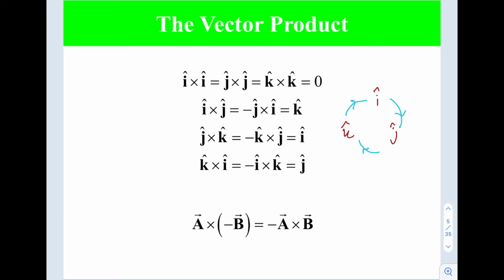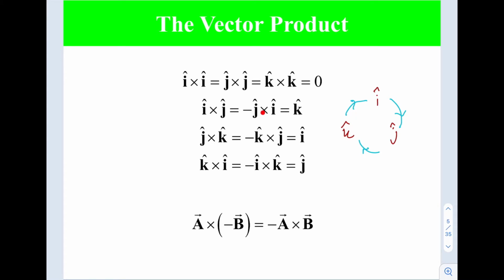So the vector product in terms of i, j, k. Just now, when the angle is 0 or 180 degrees, that means i cross i, or j cross j, or k cross k will give us 0. But if you have i cross j, it will give you k.